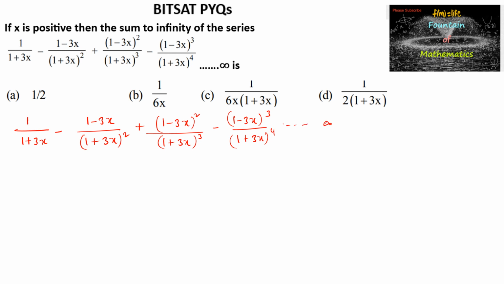Let us consider (1 minus 3x) upon (1 plus 3x) equal to r.